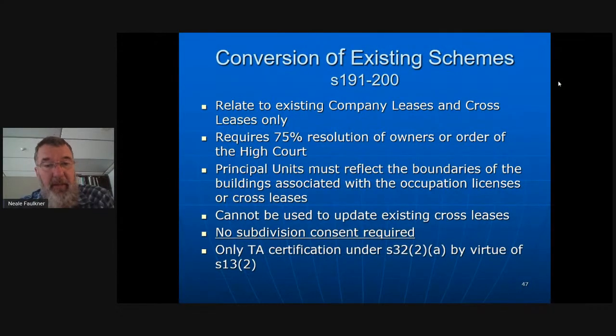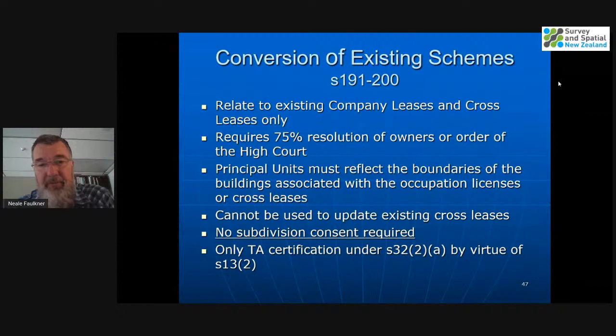So the only TA certification required is under section 32(2)A, which relates to the definition of units, which relates back to the principal units must comprise a building or be part of a building or a car park. So that's all council certified. They don't give a subdivision consent.